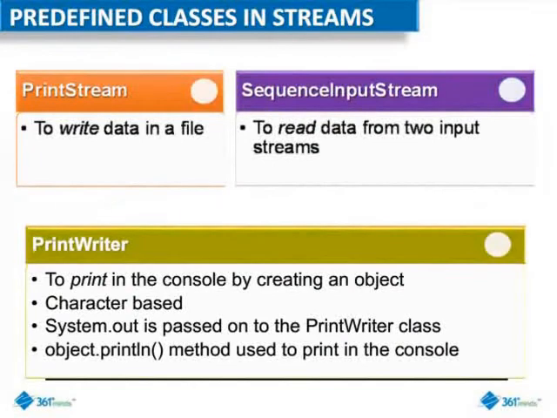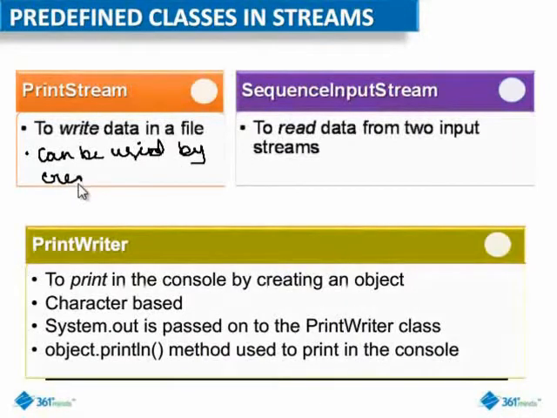The next set of streams are the print stream. This is used to write data into a file. The print stream can be used by creating an object for the print stream class, and the object.println method can be used to write to a file.